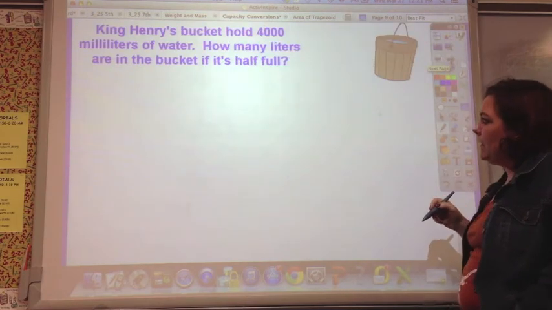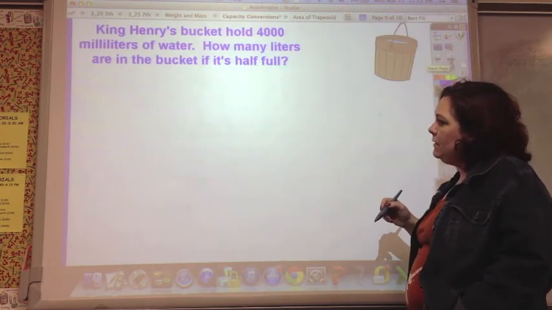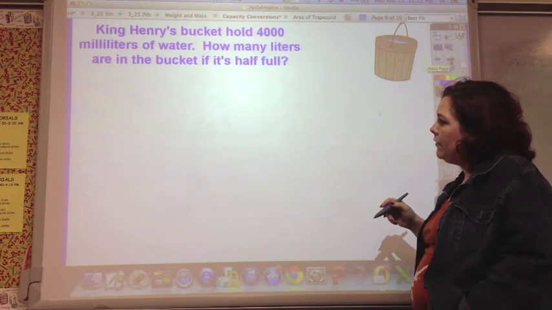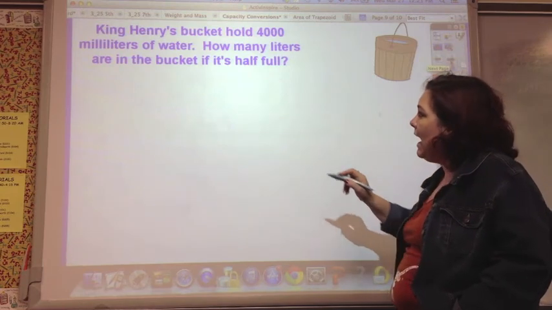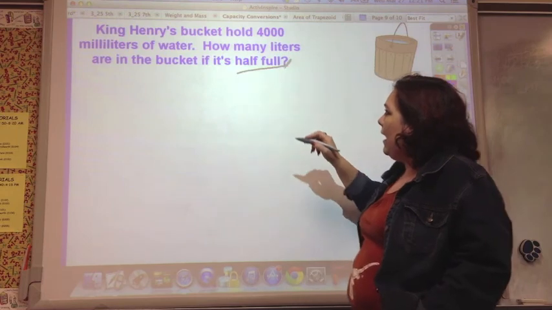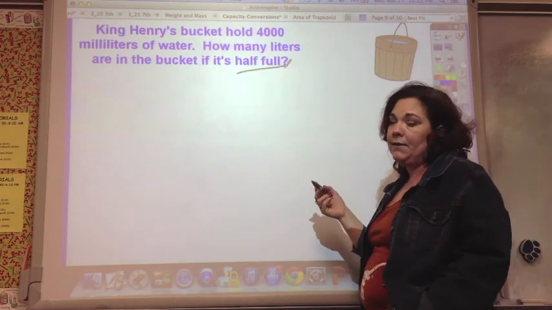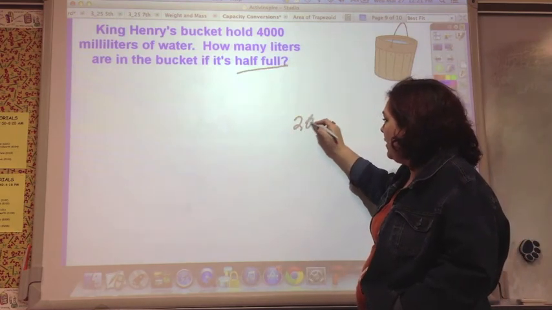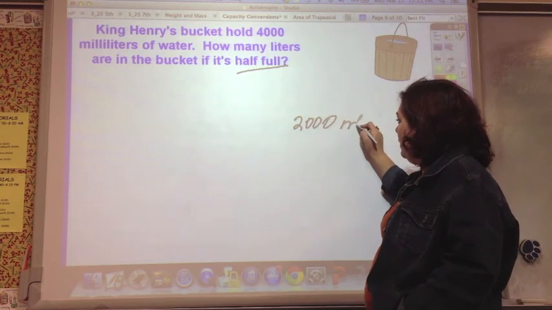So King Henry's bucket holds 4,000 milliliters of water. How many liters are in a bucket that is half full? So half full, if it holds 4,000, half full is 2,000. And that's milliliters.